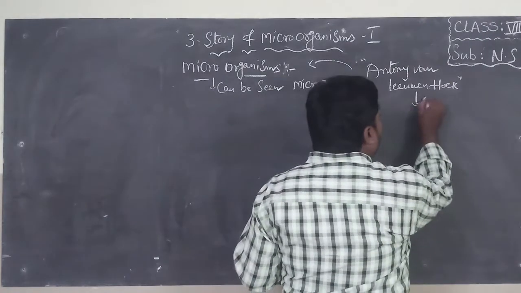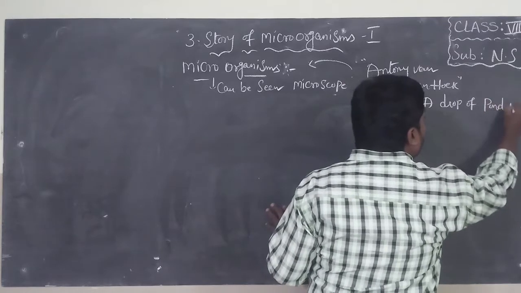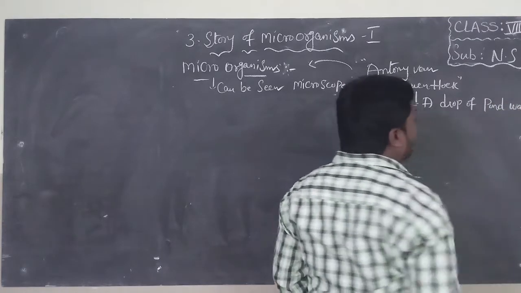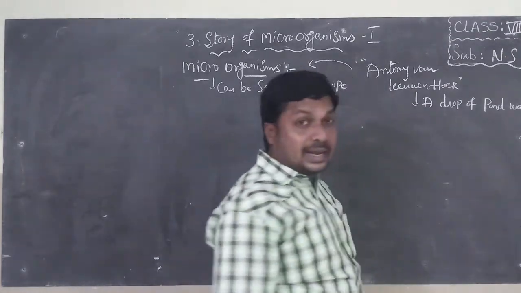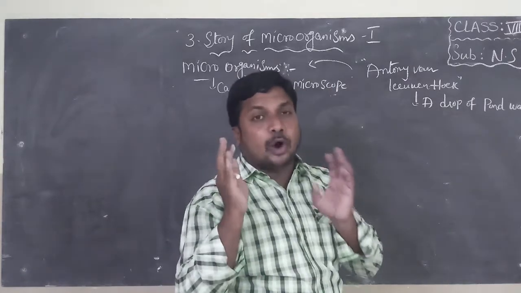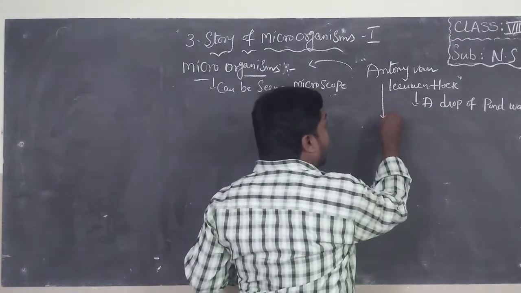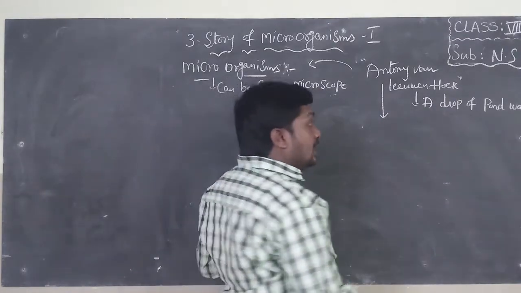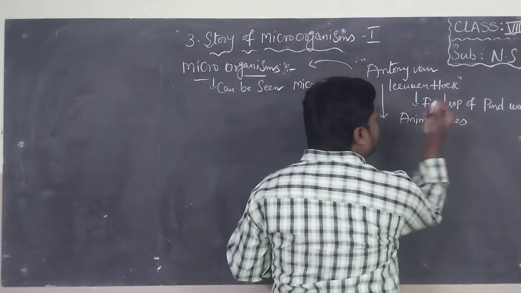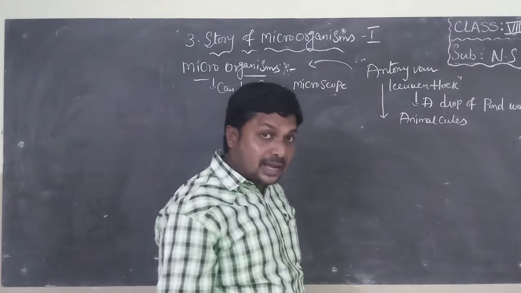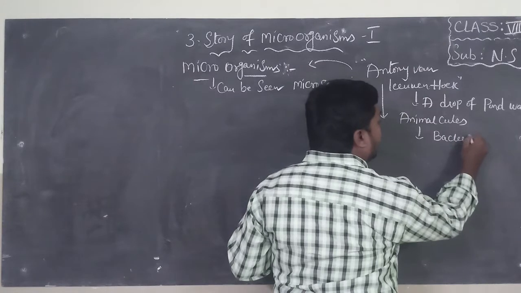He observed a drop of pond water under a microscope, and he could find thousands of organisms in that drop of pond water. Antony van Leeuwenhoek named those organisms animalcules.